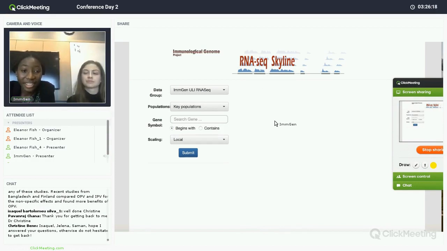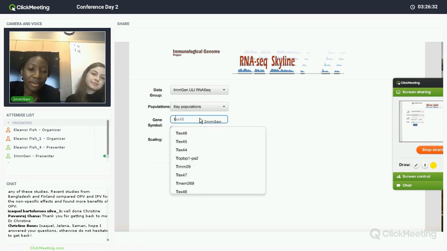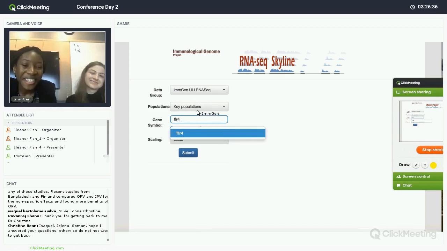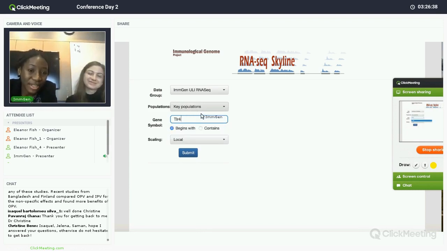Let's say you're interested in understanding the expression profile of a particular gene in different immune cells. So you will use this. And let's say we're interested in knowing how TLR4, which is our favorite gene, is expressed in different populations.